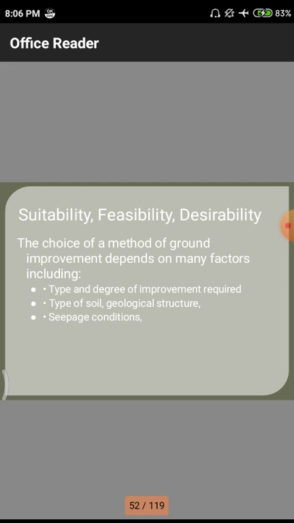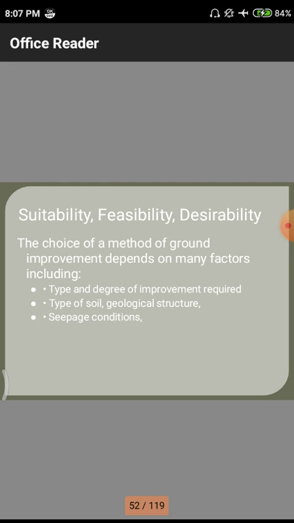We need to increase our grade from B to A, or A to S, S to O. Likewise we have to increase the properties of the soils from a certain level to a certain level. If there is a maximum level, we need to go over the maximum. That means we have a certain amount of over-levels of the properties. Likewise we have to improve the properties of the soil by using these suitability, feasibility and desirability techniques.